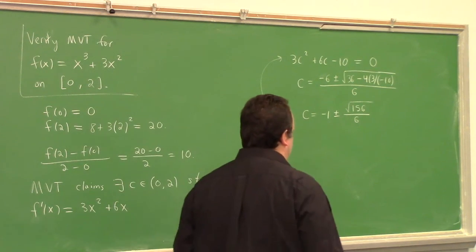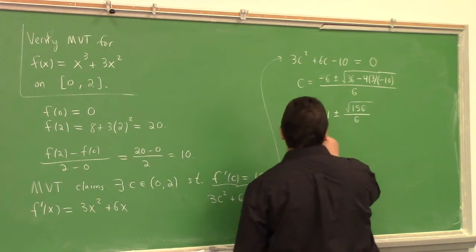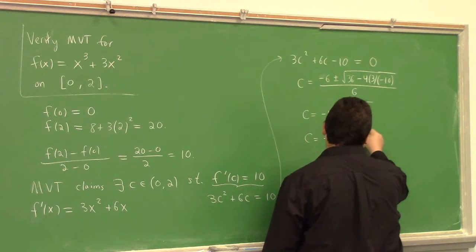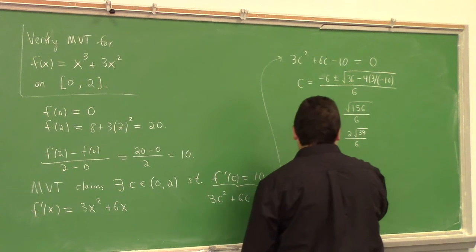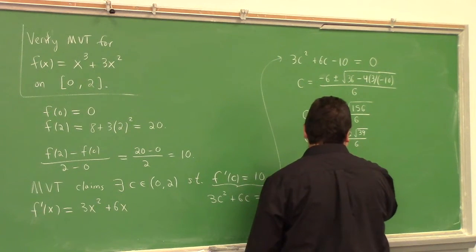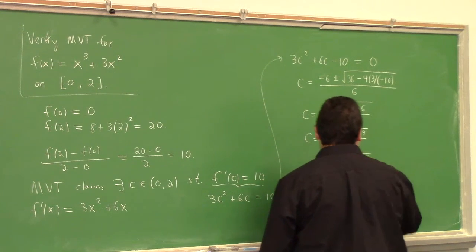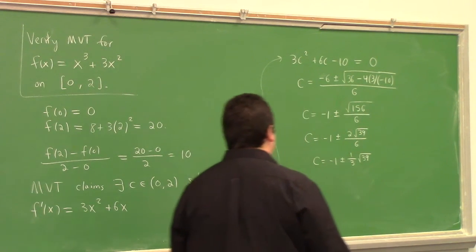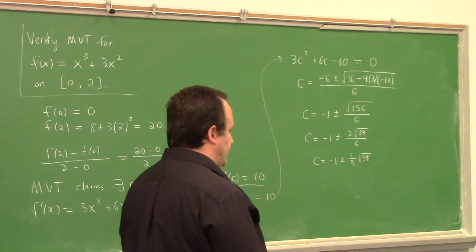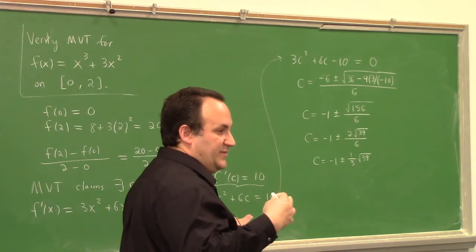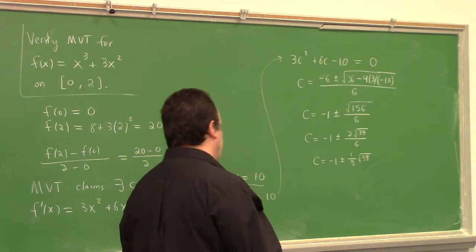So for what it's worth, if you want a pure number, and of course 39 is 3 times 13. Anyway, there are 2 solutions. Which one of them is the one that will actually be the one you want?